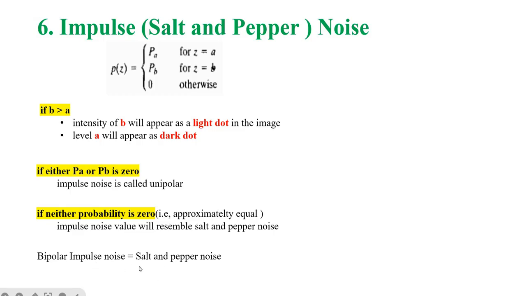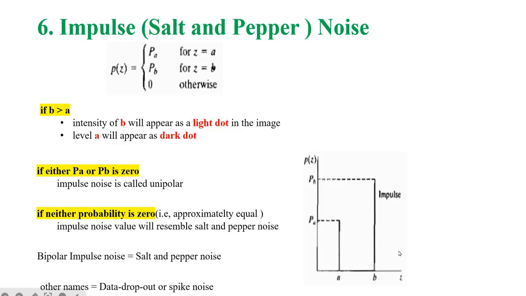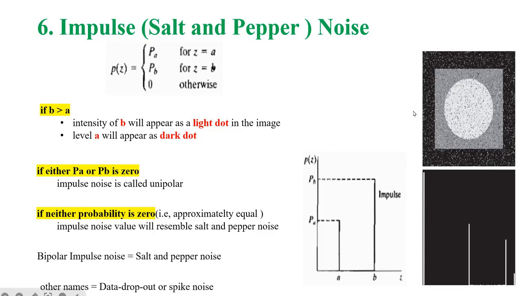The other names for this are data dropout or spike noise. This is the probability density function for the salt and pepper noise. And when you add the salt and pepper noise, you will get this type of image. Again, this is the histogram.